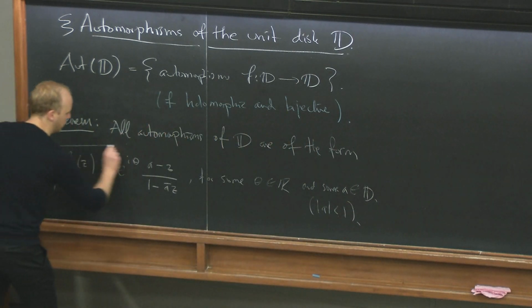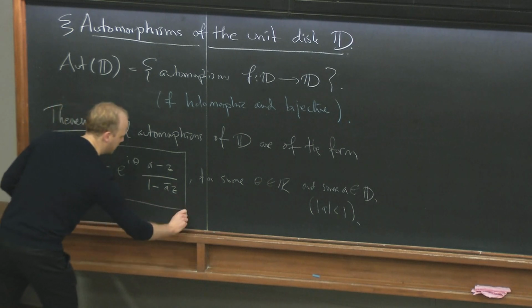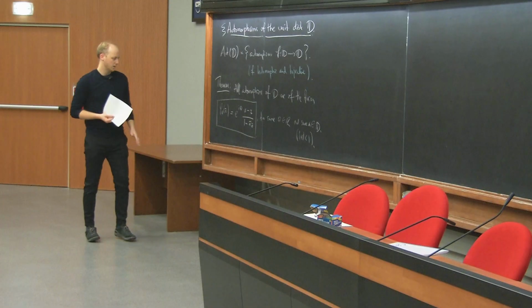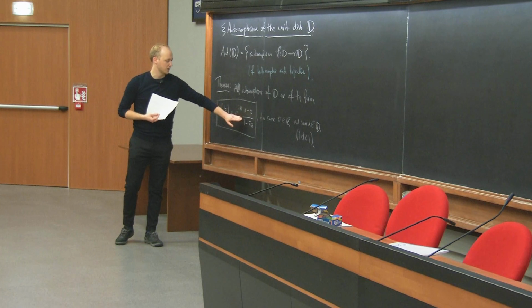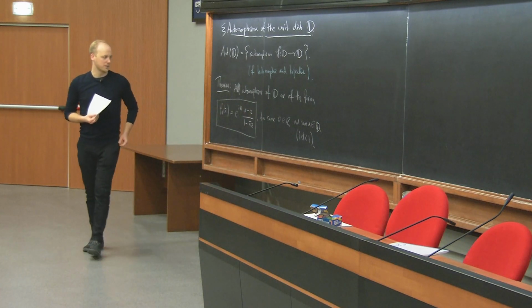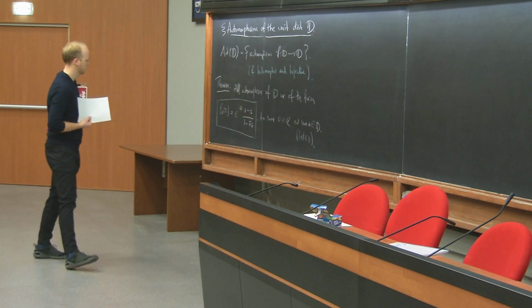So any automorphism is of this form, for some real number theta and for some complex number A inside the unit disk.